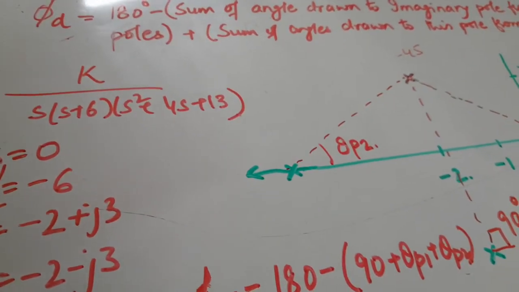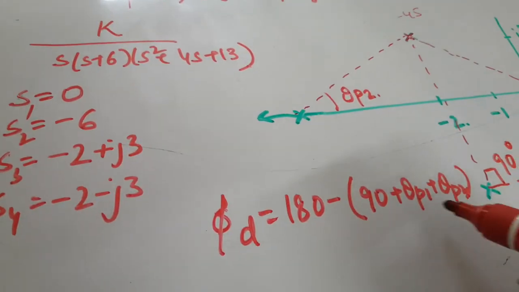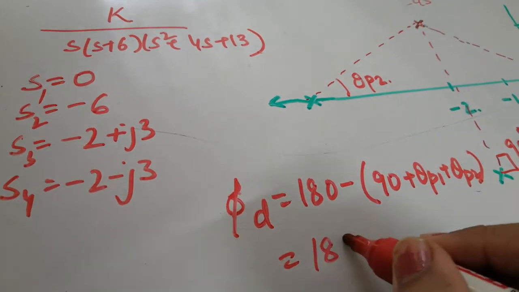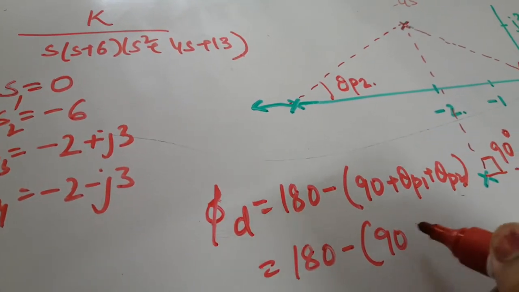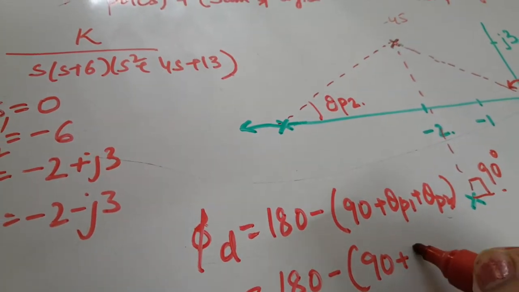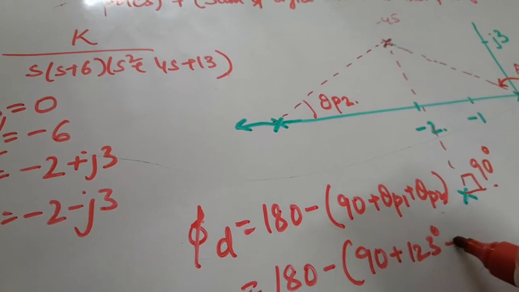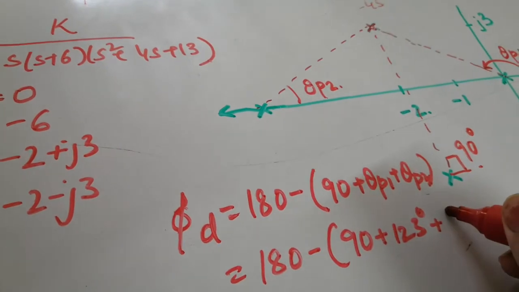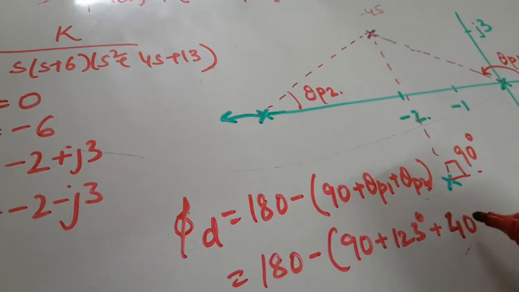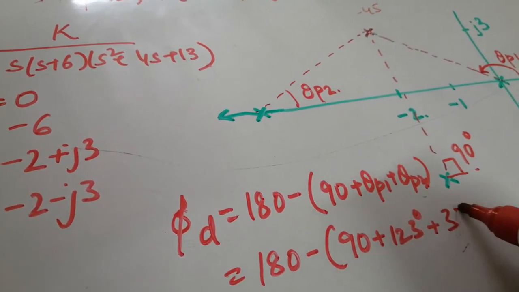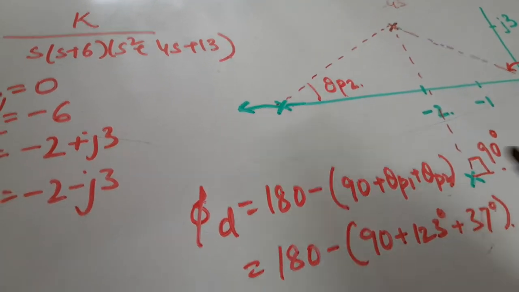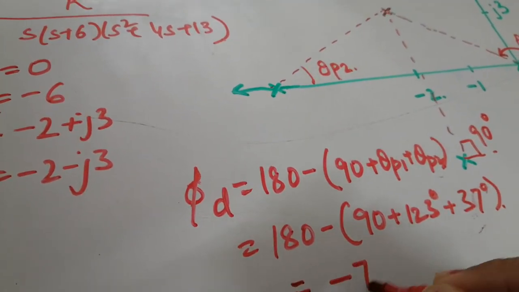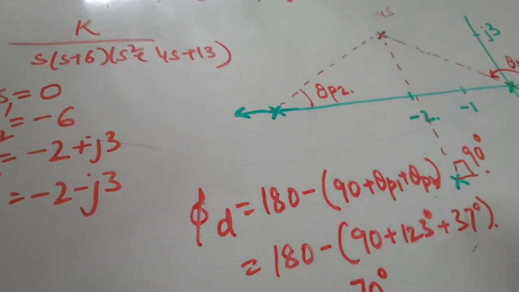So let's say that we are getting the values, for example, this is 90 degrees, theta p1 is 123 degrees, and this theta p2 is 40 degrees or 37 degrees around. So then I am going to get the value of angle of departure as minus 70 degrees.